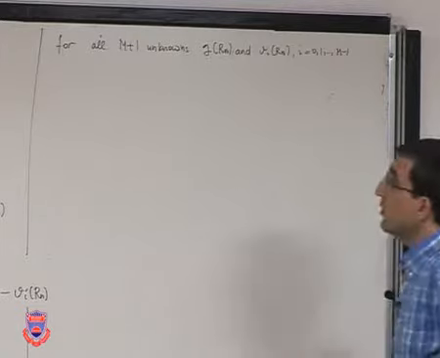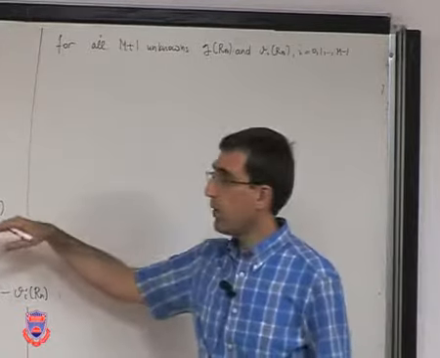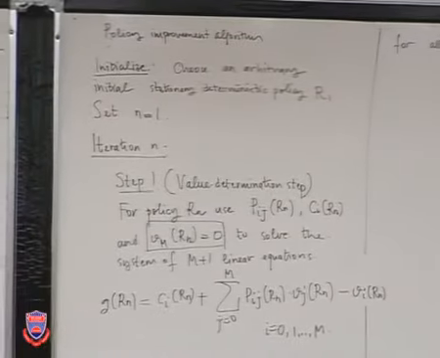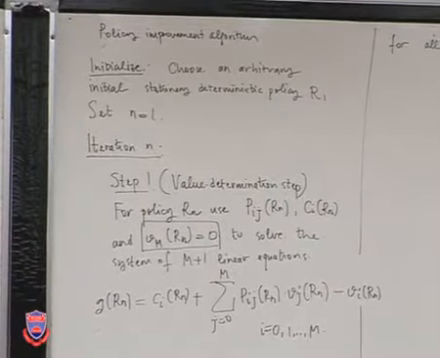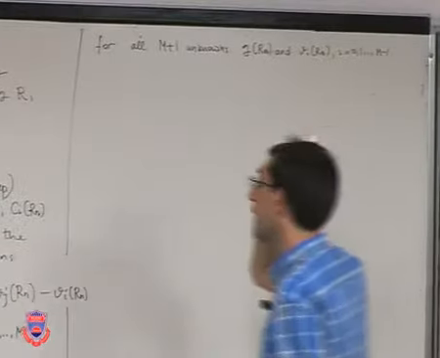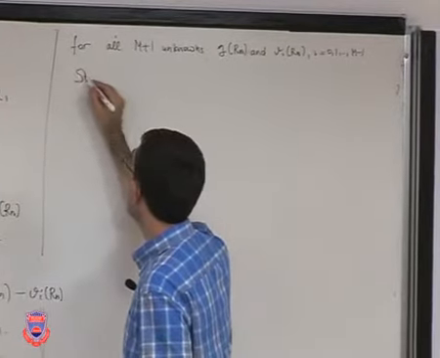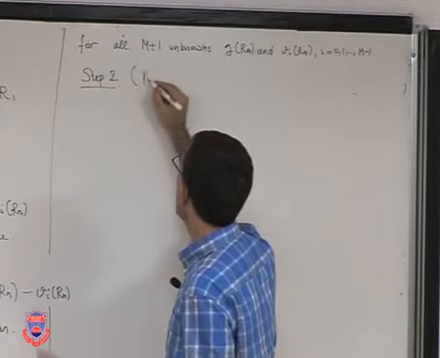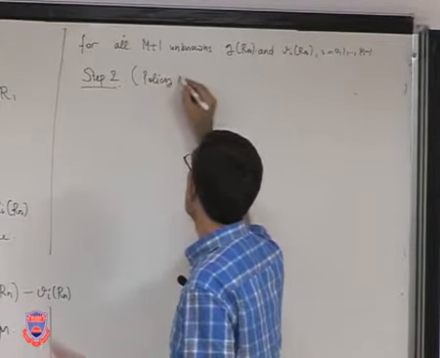So this concludes step 1. This way you calculate everything that is relevant to the value of this policy, and then we can move to step 2, which is called the policy improvement step.